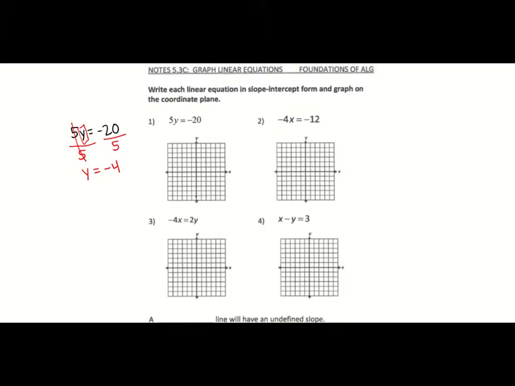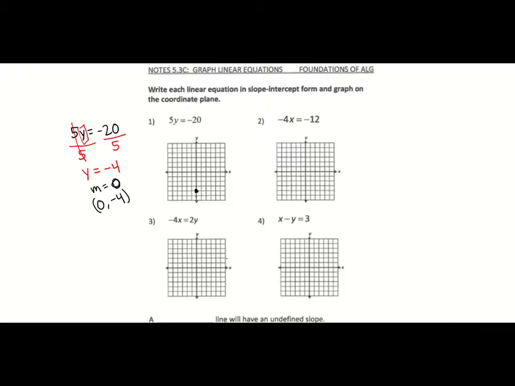So now when I go to find my slope and my y-intercept, there is no x term in this equation. So that means my slope must be 0. Then for my y-intercept, I have 0, -4. So if we go to graph that, we're going to start at 0, -4.